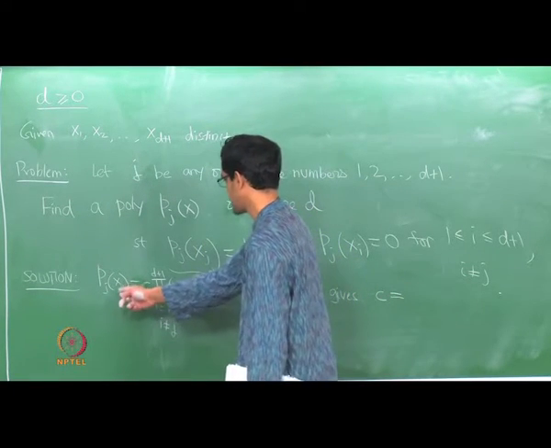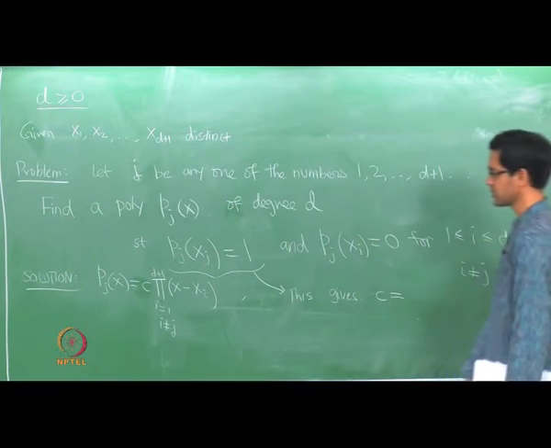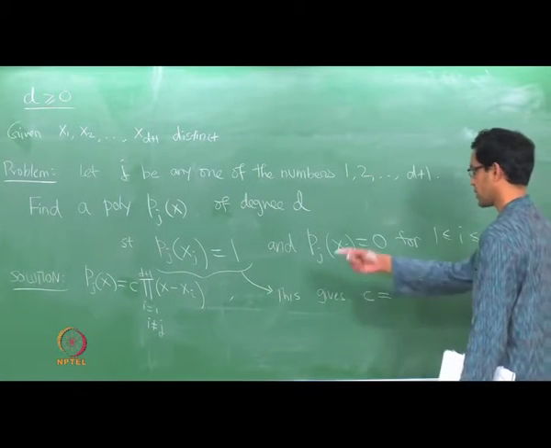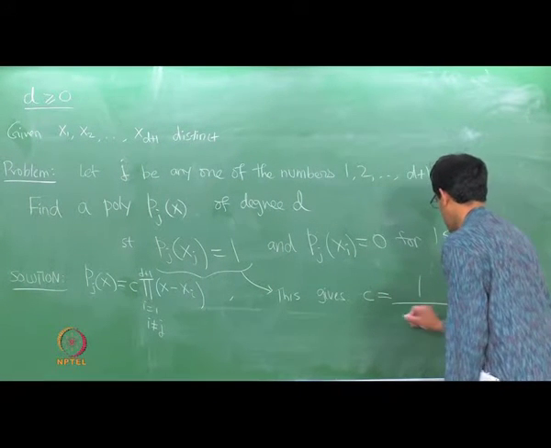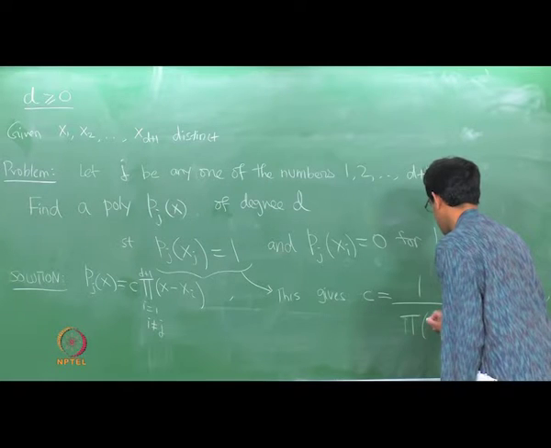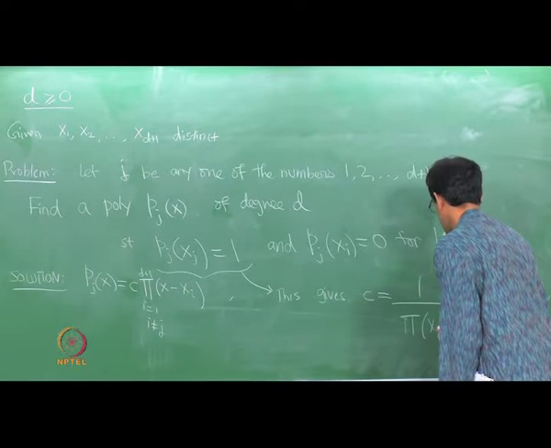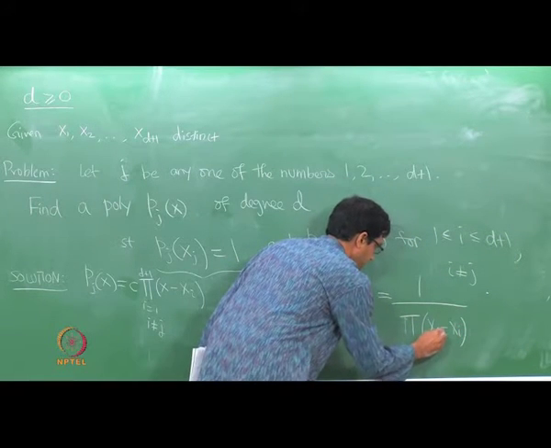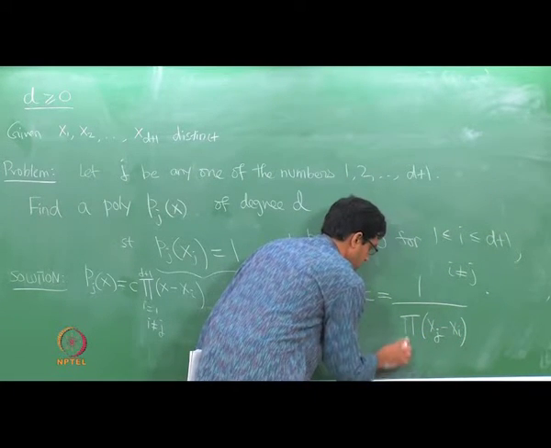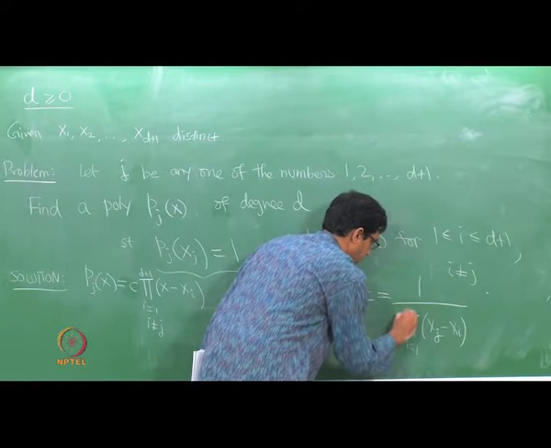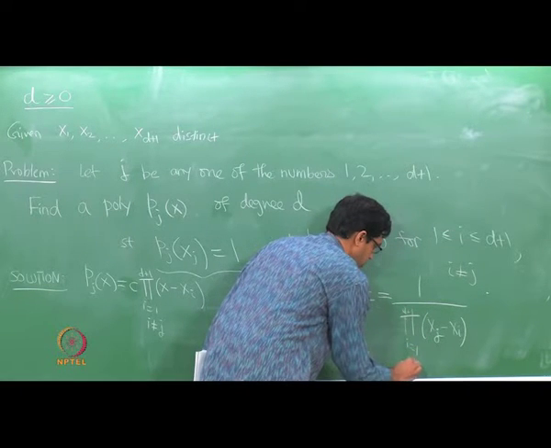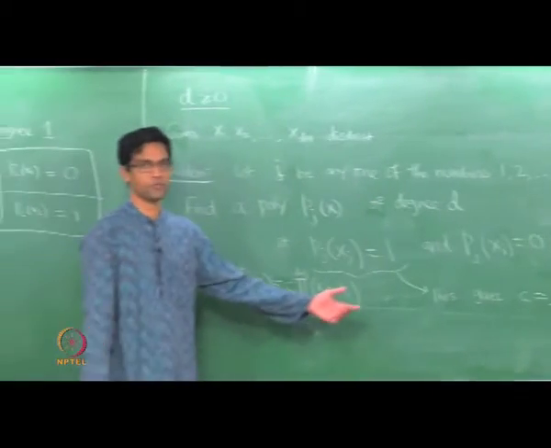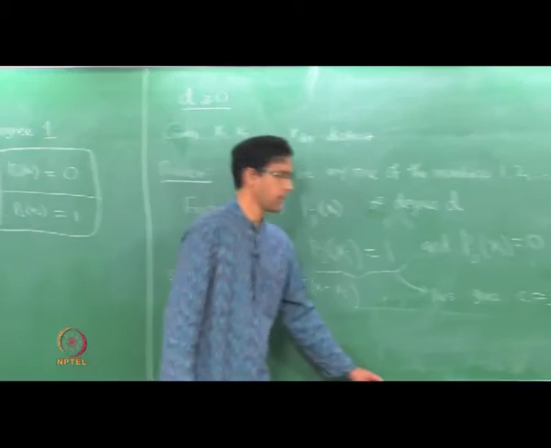If you put x equals xj, the left hand side is a 1, the right hand side is a product of xj minus xi. So the constant c must in fact be 1 over the product of xj minus xi. So this is a product over all i from 1 to d plus 1, but i is of course not equal to j. Right, that is the choice of the constant which will make this a 1.